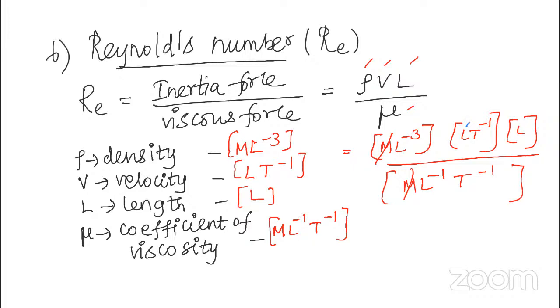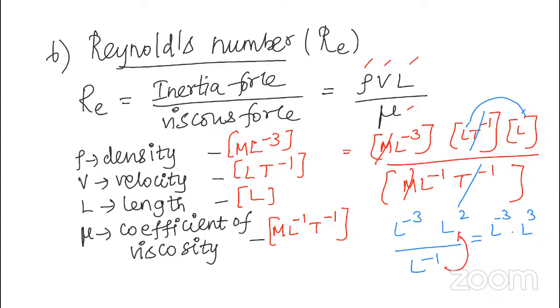Here, T is cancelled. Here it is L square. L power minus 3, L square, divided by L power minus 1. L power minus 3, L square gives L power minus 1, and when it goes below, L power minus 1 becomes plus.